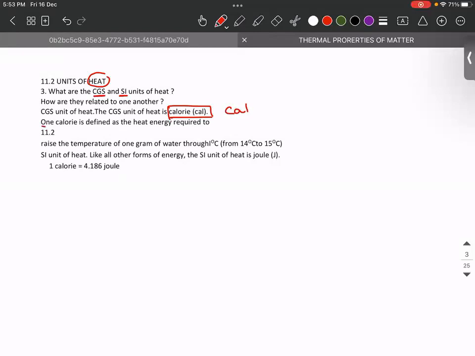How is 1 calorie defined? 1 calorie is defined as the amount of heat required to raise the temperature of 1 gram of water through 1 degree Celsius.